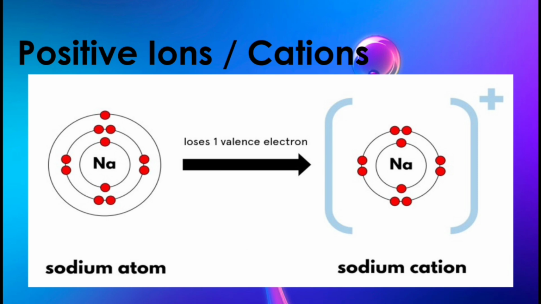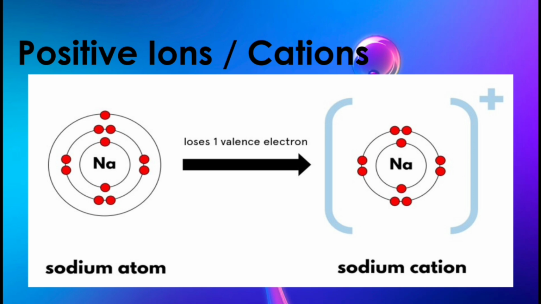When a sodium atom loses 1 electron, here you can see the structure of sodium. The atomic number of sodium is 11. It means it has 2 electrons in its first shell, 8 electrons in its second shell and 1 electron in its third shell. The first shell is the K shell, the second shell is the L shell and the third shell is the M shell.